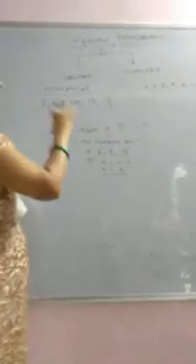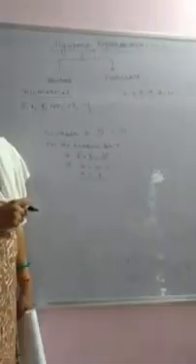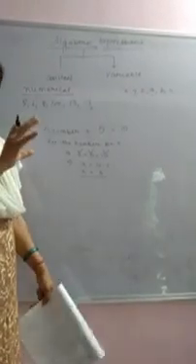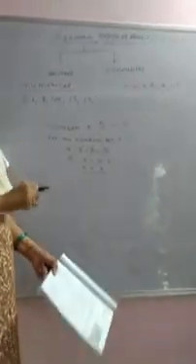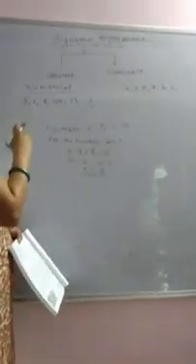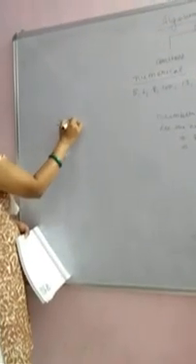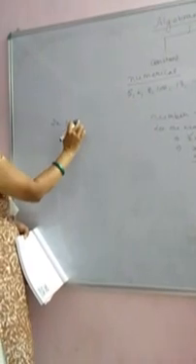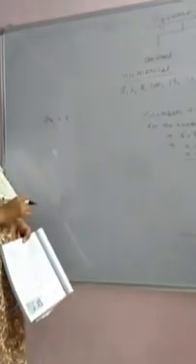So here my variable is taking the value of 5, so x is the variable. Now algebraic expression. What do you mean by algebraic expression? Algebraic expression is the combination of constant and variable, both together, with some addition and subtraction. For example, 2x plus 5 is my algebraic expression.